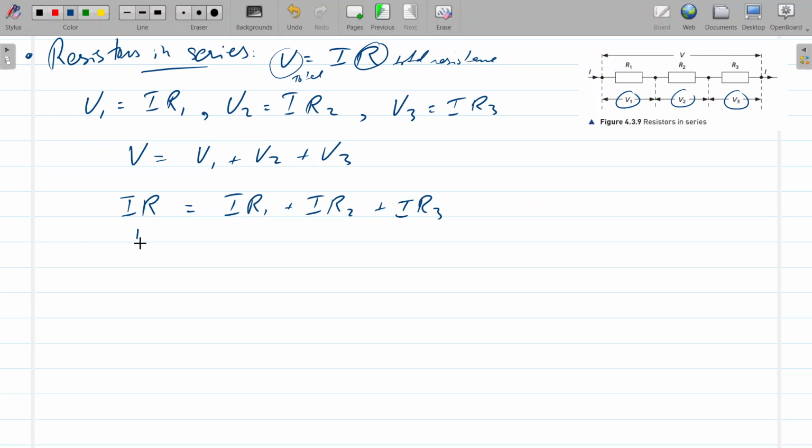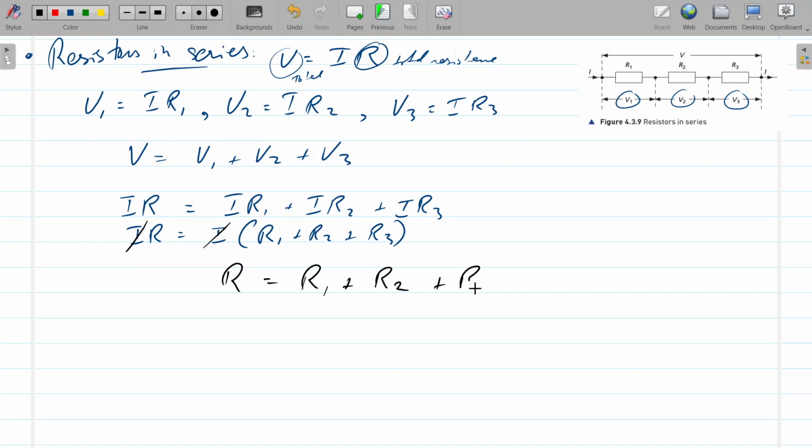So what we're doing over here, IR equals, you take I common, and you take R1 plus R2 plus R3, a bit of math. These guys cancel out, and so what you get at the end is the total resistance equals the sum of resistance.